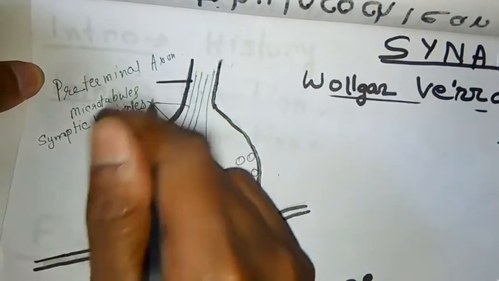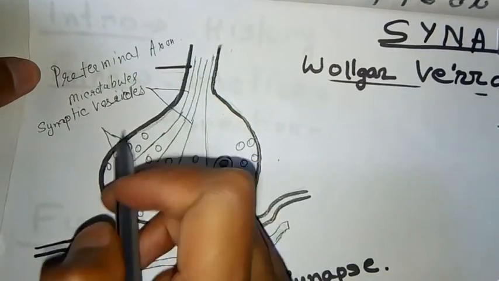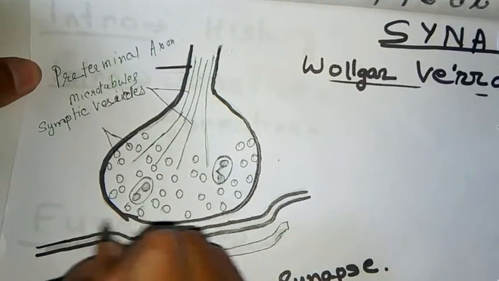This membrane is called the presynaptic membrane.